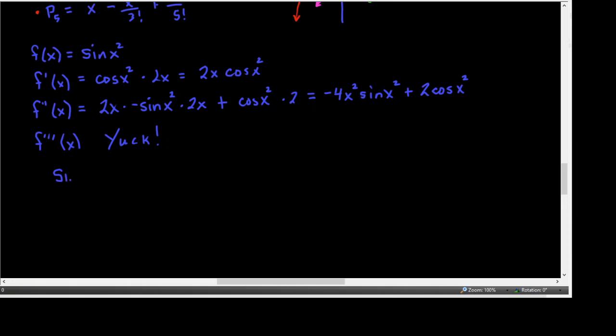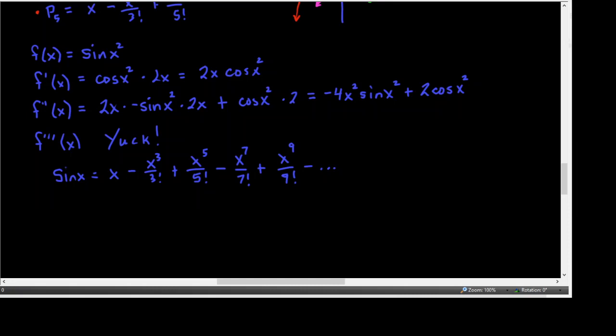Like we know, we've already proven this one actually, that sine of x is x minus x cubed over 3 factorial plus x to the 5th over 5 factorial, minus, forgot to alternate signs there for a second, minus x to the 7th over 7 factorial plus x to the 9th over 9 factorial minus dot dot dot.